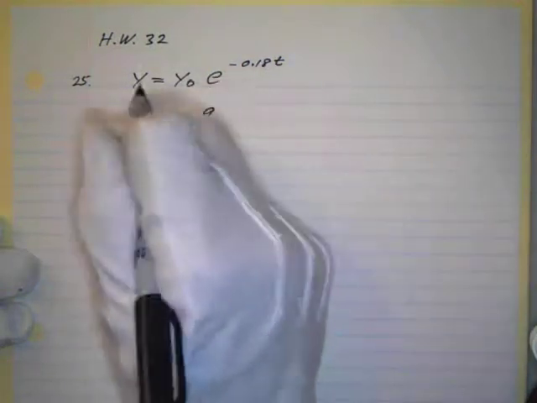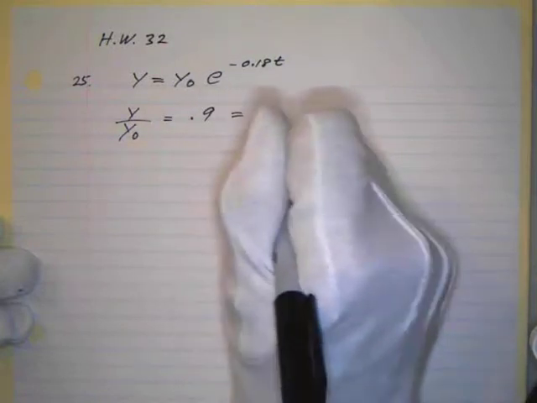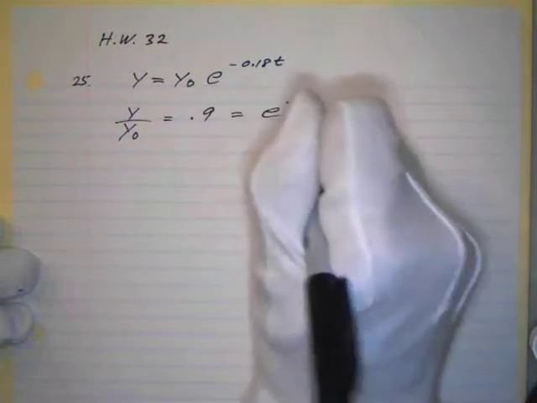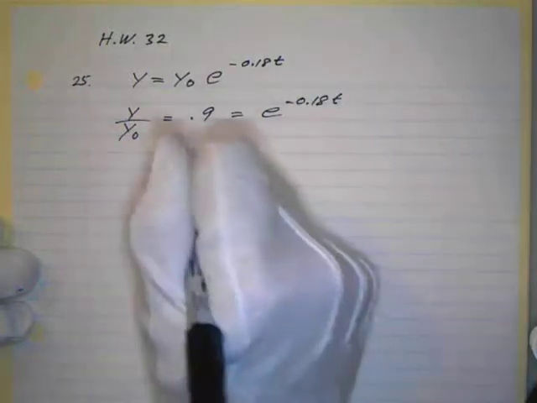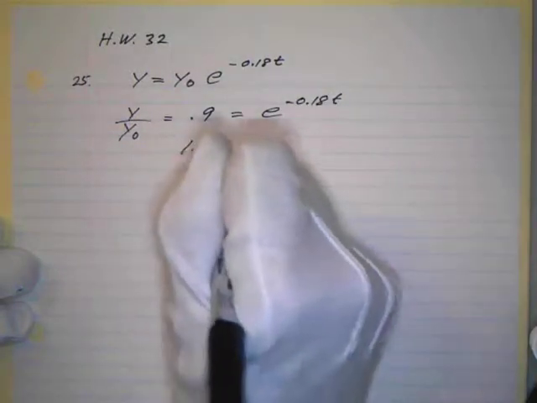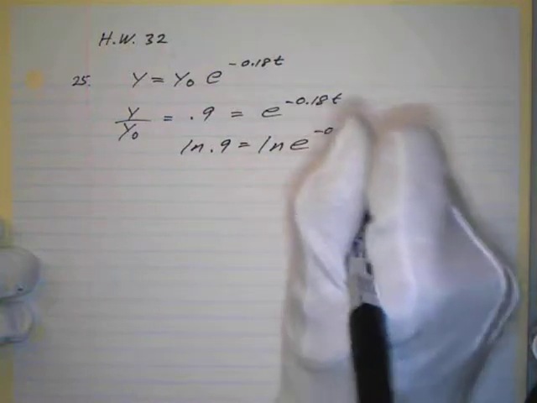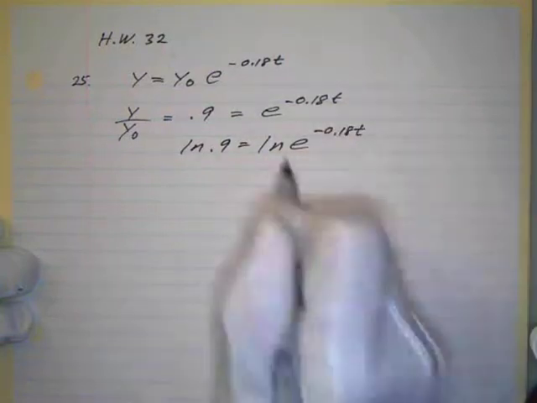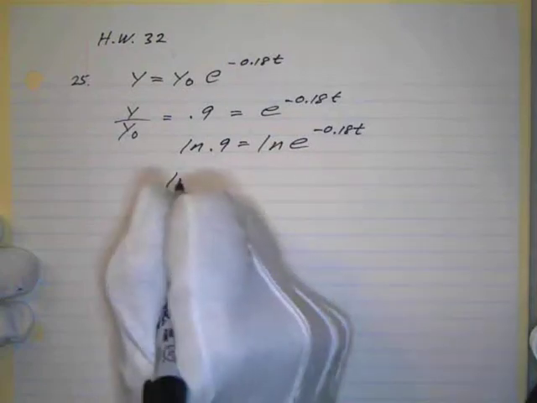So that's going to take care of both these variables, and all of a sudden we have this equation: 0.9 equals e to the negative 0.18 t. All we have to do is solve for t, so we can take the natural log of both sides. That's the natural log of e to the negative 0.18 t. And then I can bring that exponent down in front.